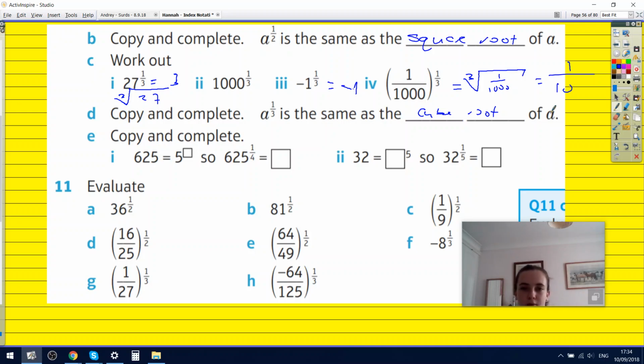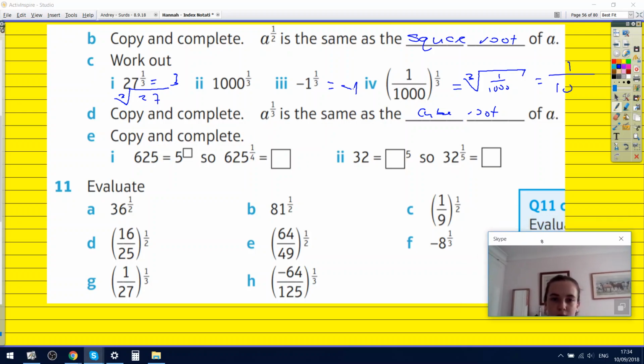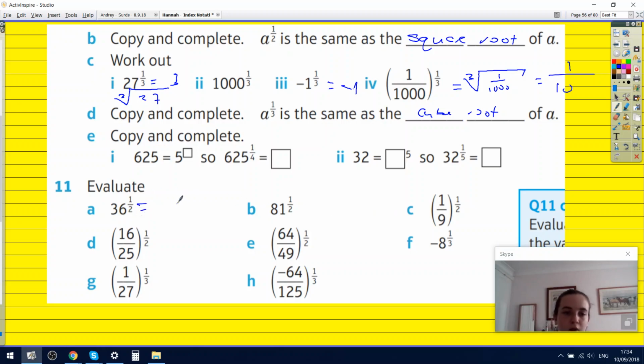No. Okay, let's try from part A. So the square root of 36, so 6. Let's say skip to C. 1 over 9, 1 over 3. How about D? 4 over 5.